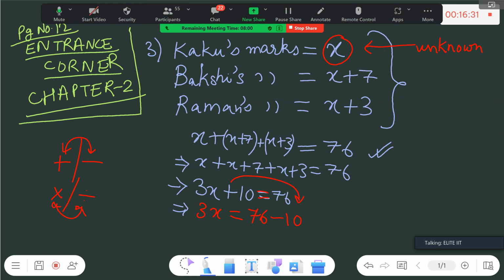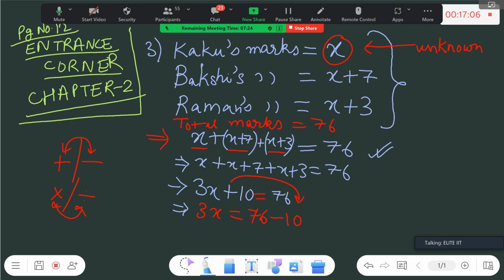Now it is given that the total marks obtained by the 3 of them is 76. It means adding the 3 marks, we can get 76. Now how do we add them? This is how we add them. There are 3x, and the two numbers 7 plus 3 give us 10, equal to 76.